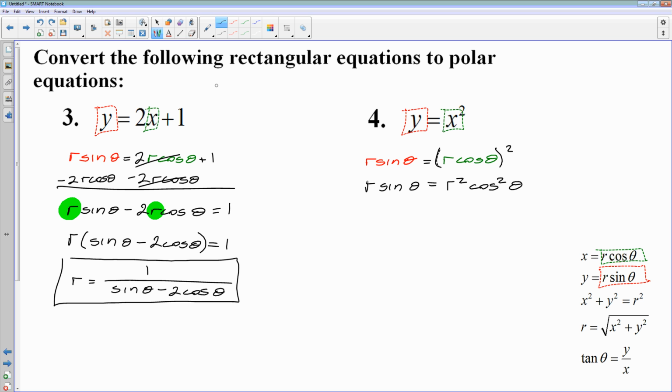This one's a little bit trickier because now I have one r here and I have two r's right here. So the challenge in simplifying this, let's see how to explain this.